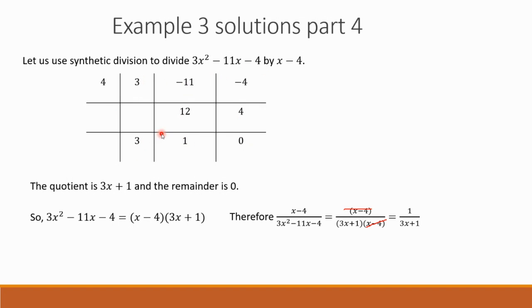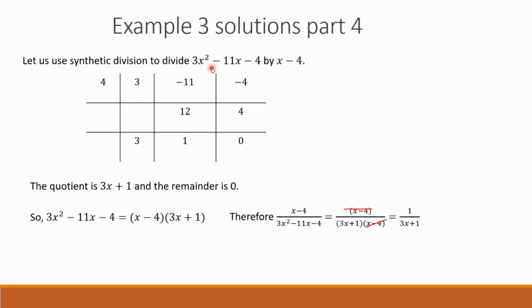But we also know the other factor. Like the quotient, 3 and 1 are the coefficients of the quotient. And the quotient is 1 degree less than the dividend. So the quotient is 3x plus 1. In other words, we have 3x squared minus 11x minus 4 is x minus 4 times 3x plus 1.